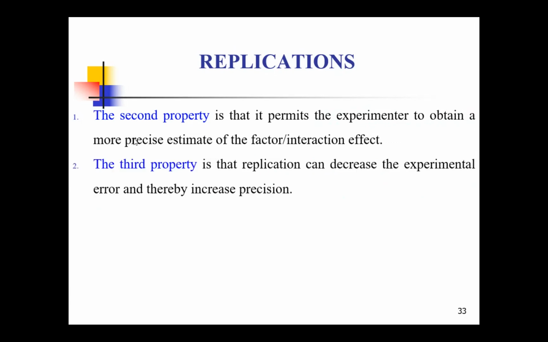And the third property is to remove the errors because of the experimentation. With repeated experiments, if I end up with the same or nearby results, I can conclude that the experimental error is nil or low. If there is a high experimental error, then I have to change the machine settings or the process settings.